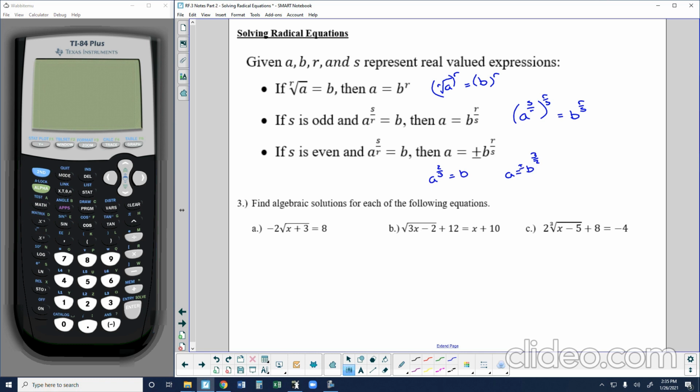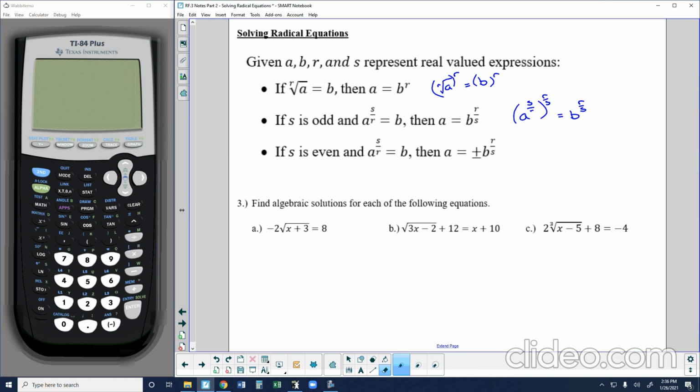The reason we need that plus or minus there is because we're writing essentially B cubed to the square root power, and we're creating that square root in the solving process. When we create a square root in the solving process, we need to account for both positive and negative options that could give us the solution. That's something we're going to focus on and try to remember when we start to deal with rational exponents.